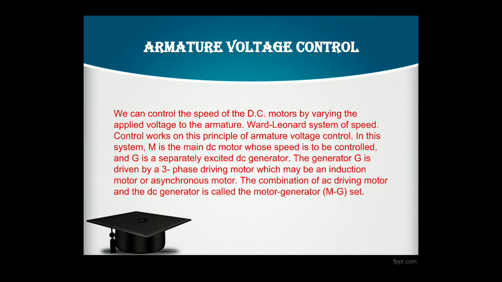The WARD-LEONARD system works on the principle of armature voltage control. In this system, M is the main DC motor whose speed is to be controlled, and G is a separately excited DC generator. The generator G is driven by a three-phase driving motor, which may be an induction motor or an asynchronous motor. The combination of the AC driving motor and the DC generator is called the motor generator set. So that is the WARD-LEONARD method.